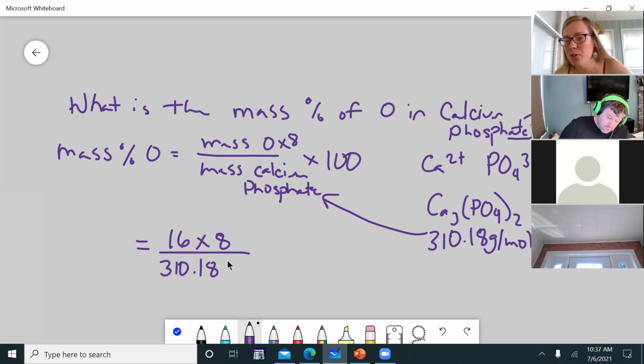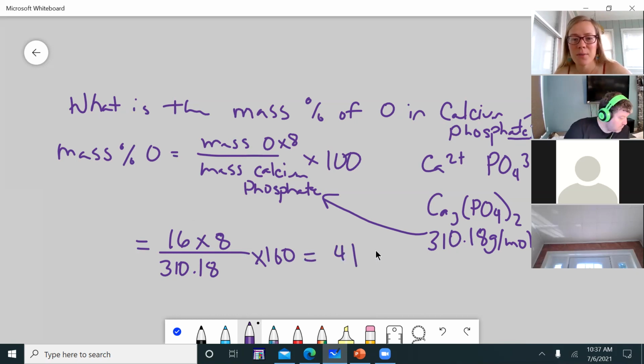Both of them are grams per mole, so they disappear because a percentage doesn't have a unit like that. We're going to multiply it by 100. 16 times 8 gives us 128, and we're going to divide that by the big mass of the whole compound. Then multiply it by 100, or move the decimal over 2 places.